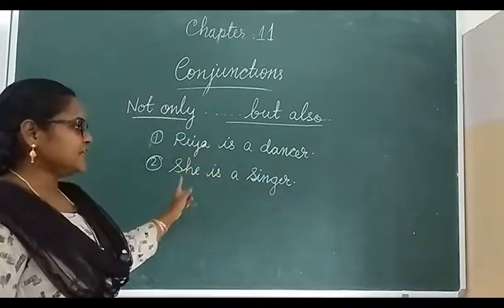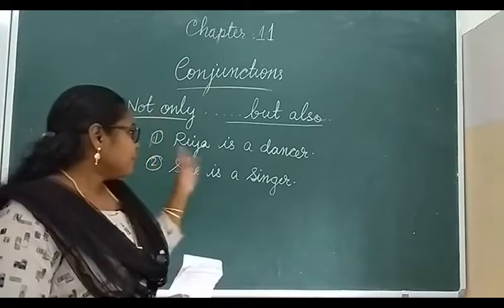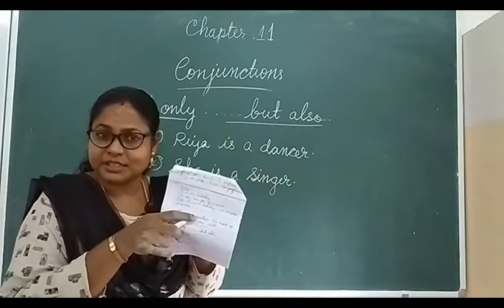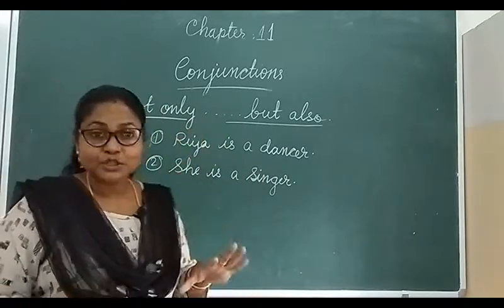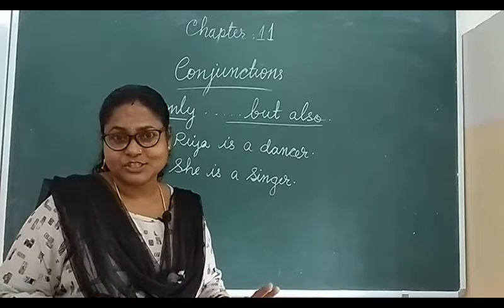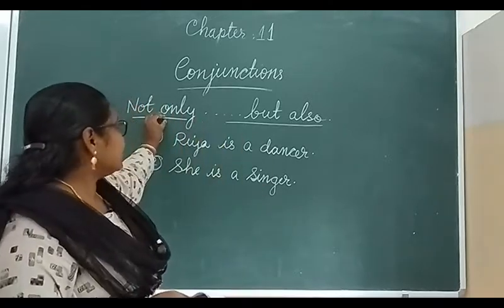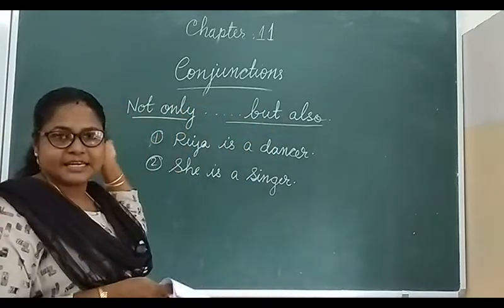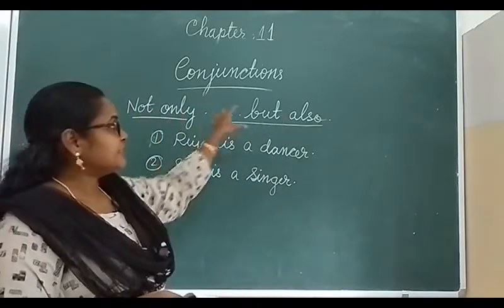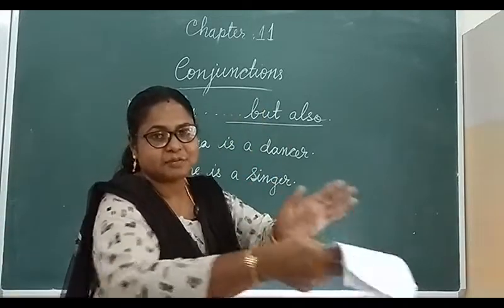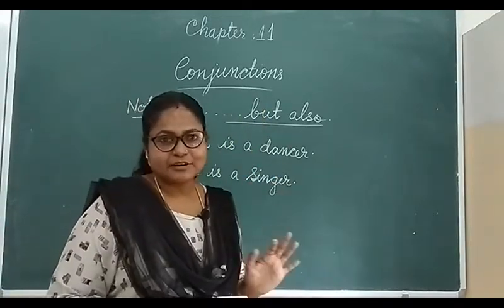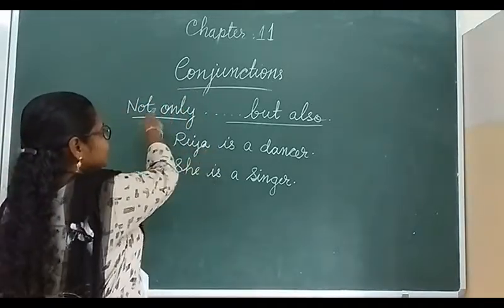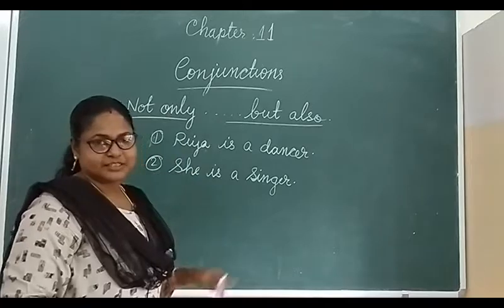We can see that not only and but also don't come together, but they come as part of one same sentence. Not only can be seen in the first part of the sentence and but also in the second part. We can join these two sentences using the conjunction not only but also.